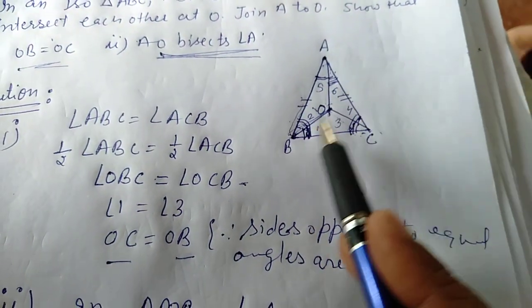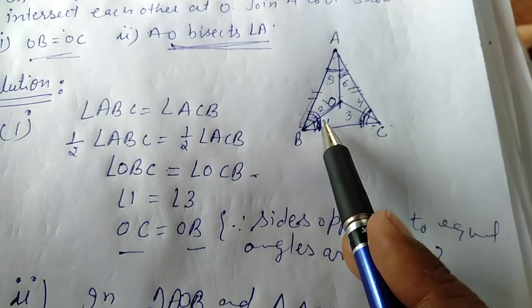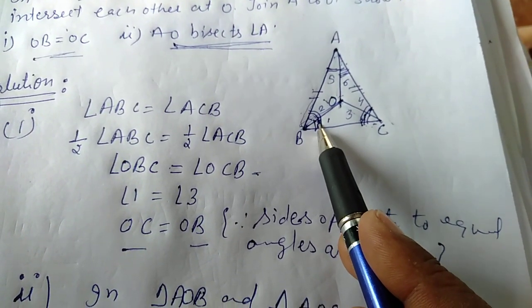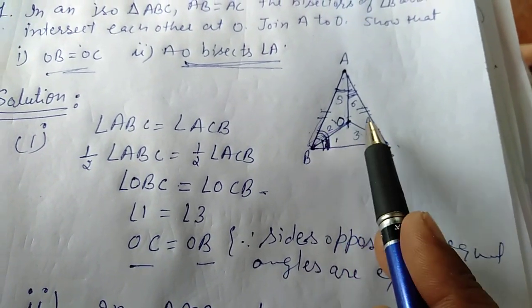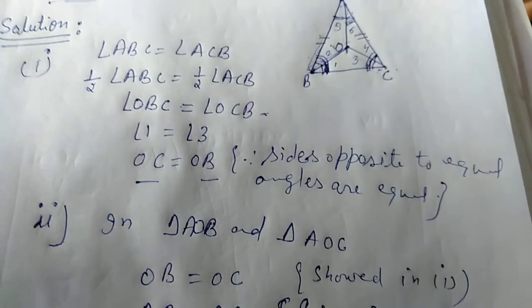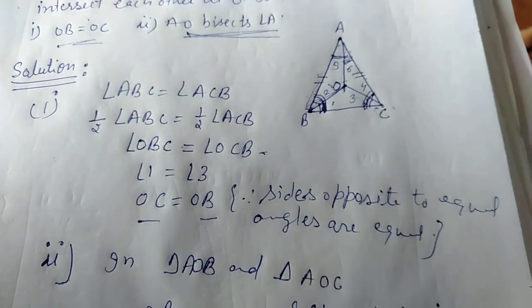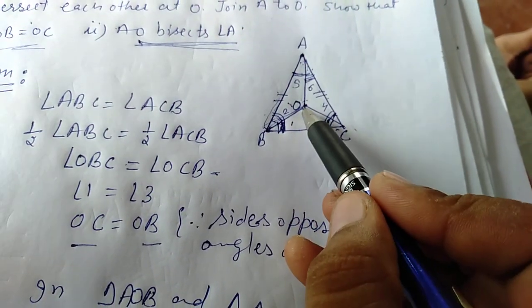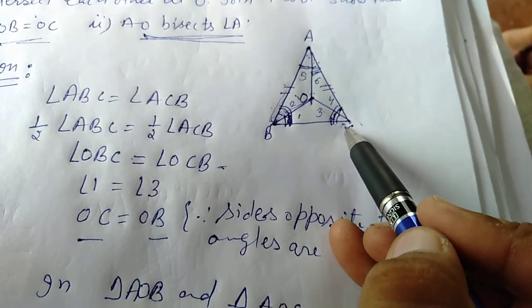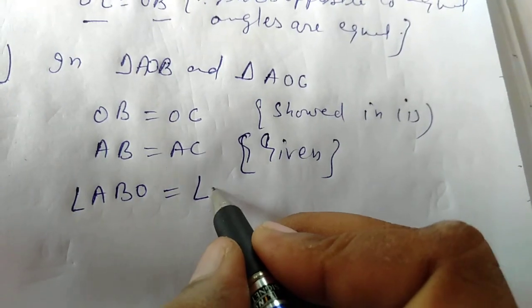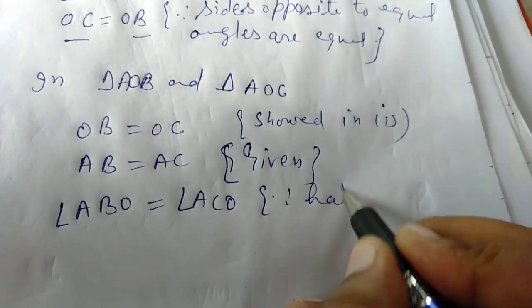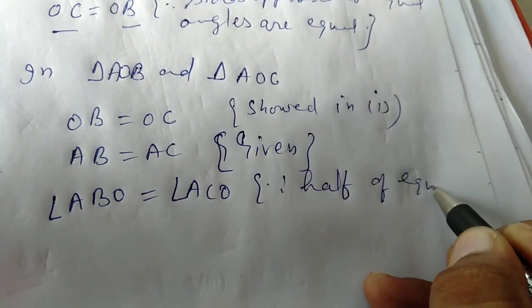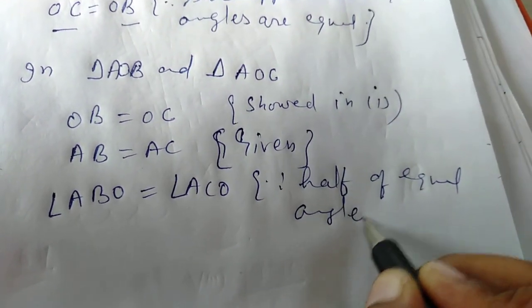Also we have shown here, this is half of this whole angle, 1 and 3 are equal, so we can say that 2 and 4 are also equal. So angle ABO is equal to angle ACO, because they are half of the equal angles.